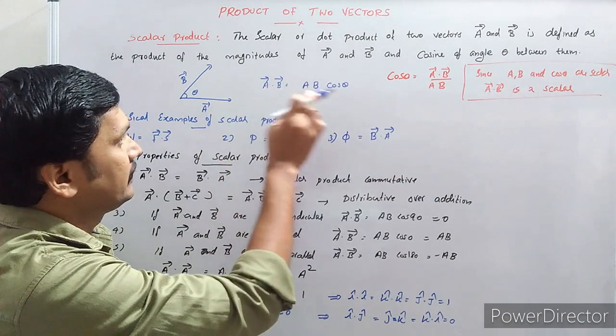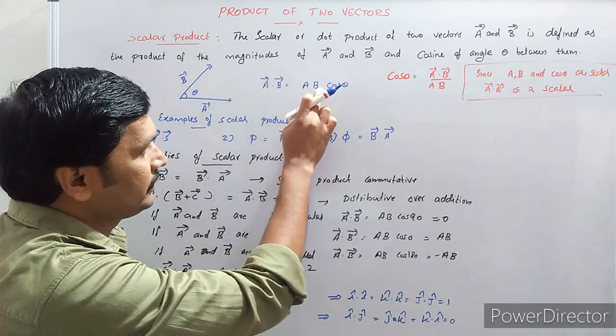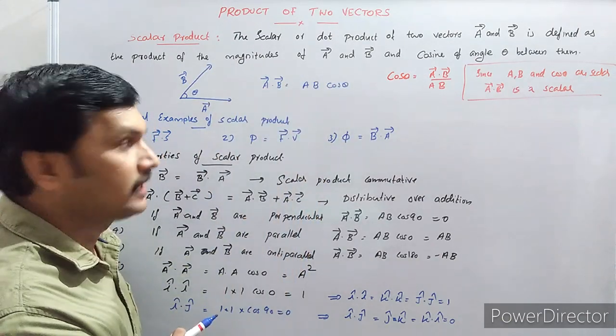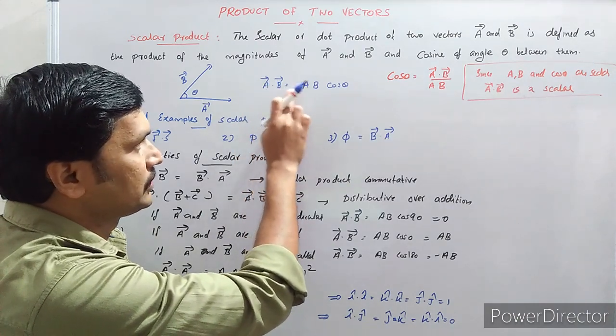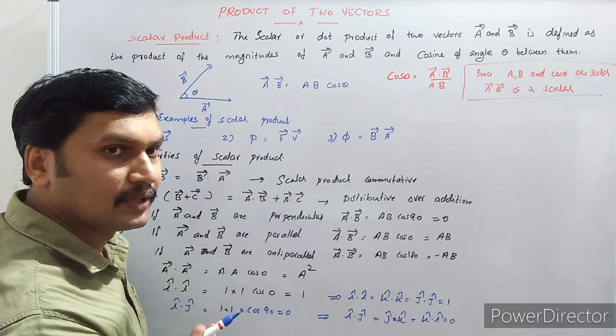Magnitude of A into magnitude of B into cos theta. That is the dot product of A and B. A dot B is equal to AB cos theta.